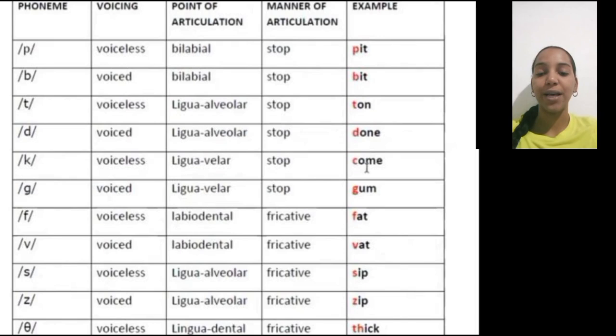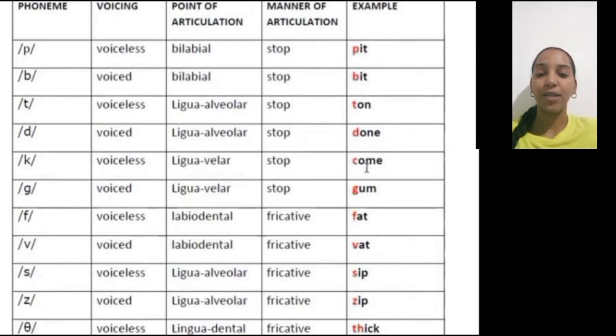Then we have the phoneme s, which is voiceless, alveolar, fricative, and an example is sip. Then we have the phoneme z, which is voiced, alveolar, fricative, and an example is zip.